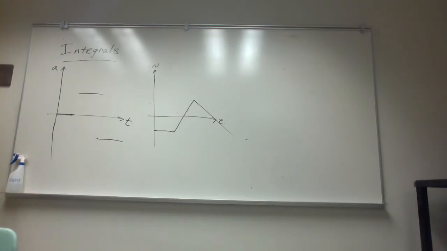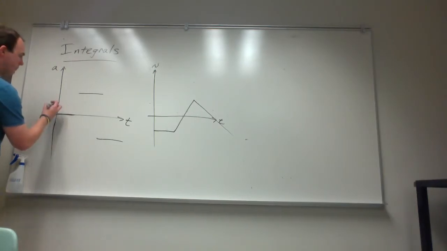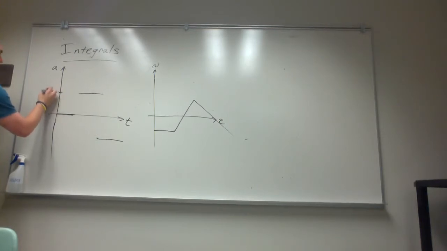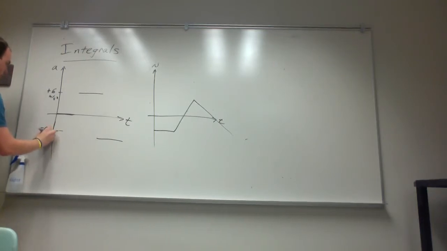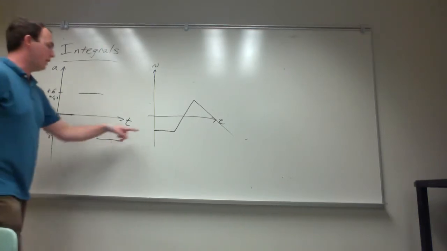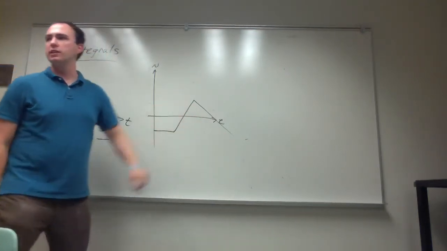So how would I be able to tell just from this plot? Let's say that this is, whatever, plus 6 meters per second squared, and this one is minus 6 meters per second squared. What would have to be true in order for this velocity to get back to where it started?